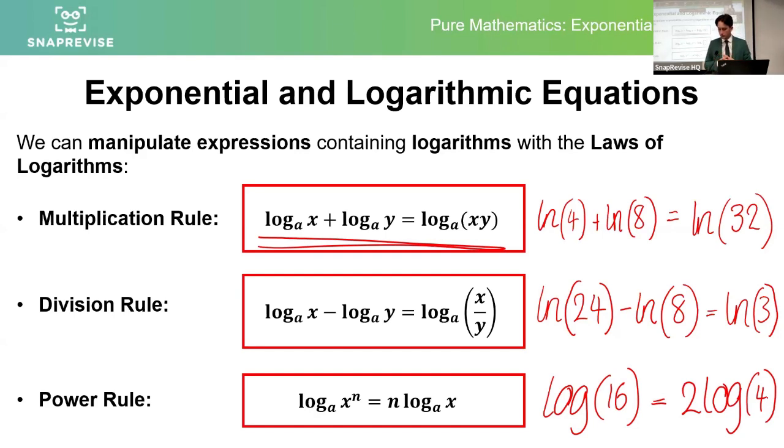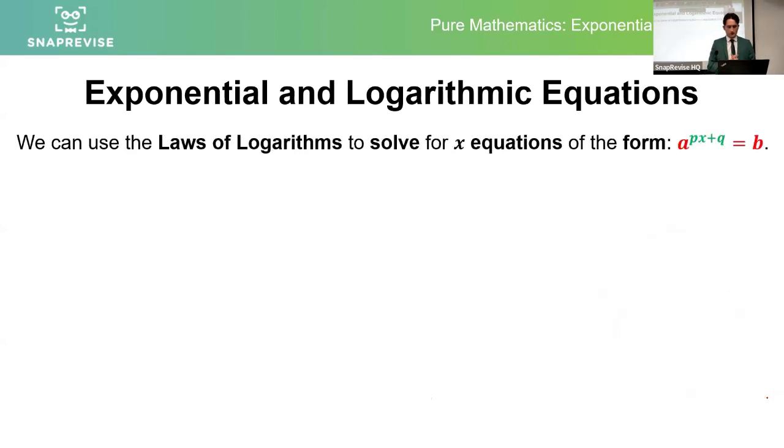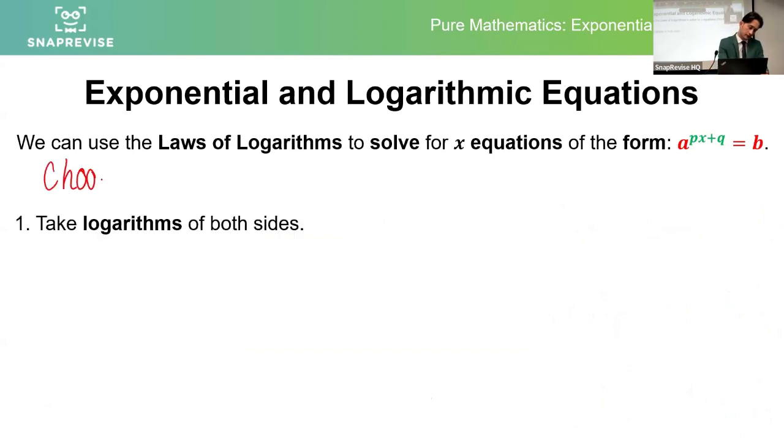We're going to look at a few more rules and then do some more harder questions. Here we go. So we can use laws of logs to solve equations of this form: a to the px plus q equals b. So basically what we need to do is choose the log of base a, to start with, in order to simplify the problem.